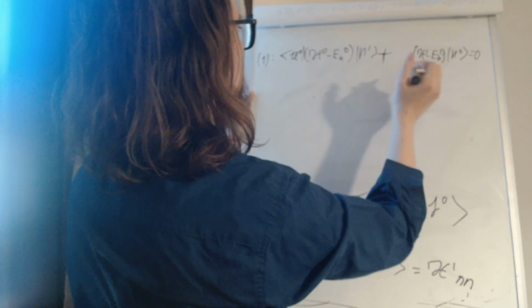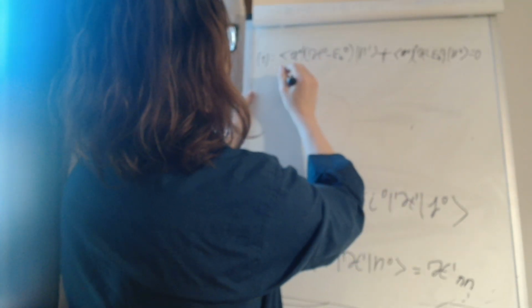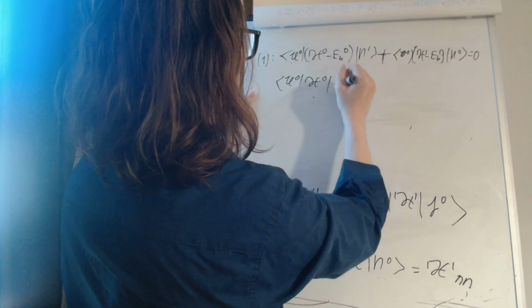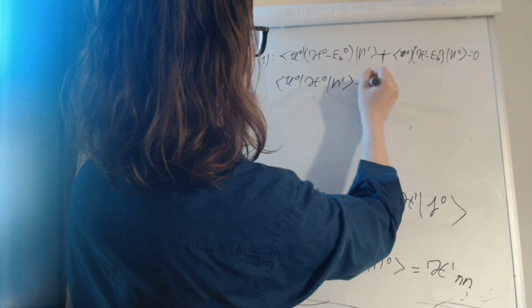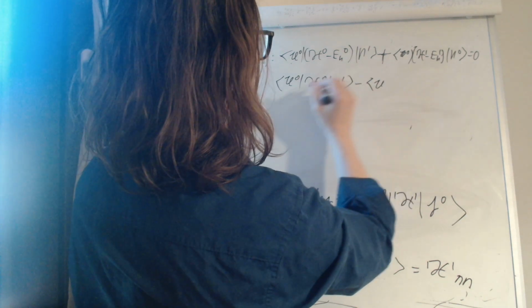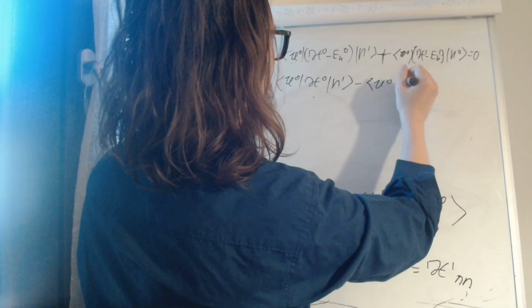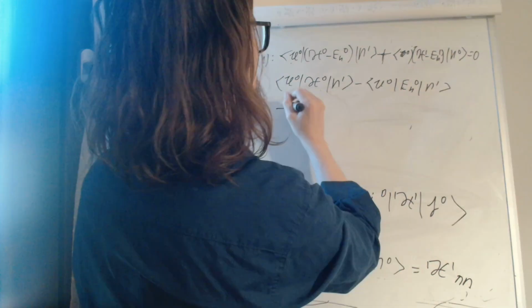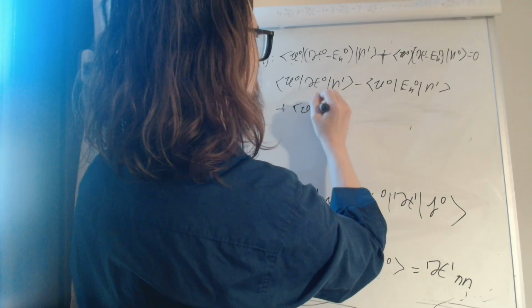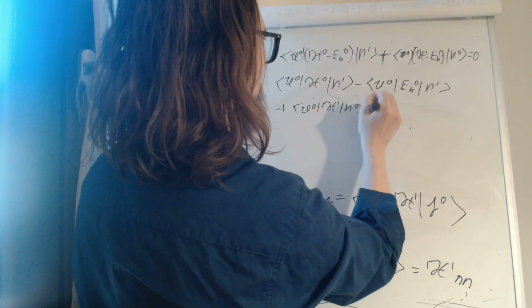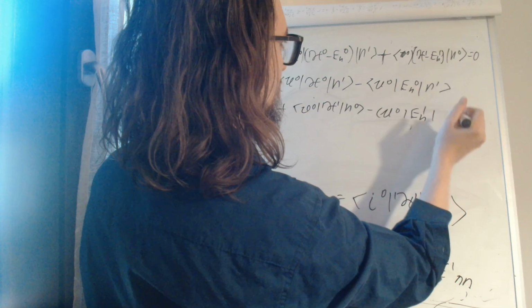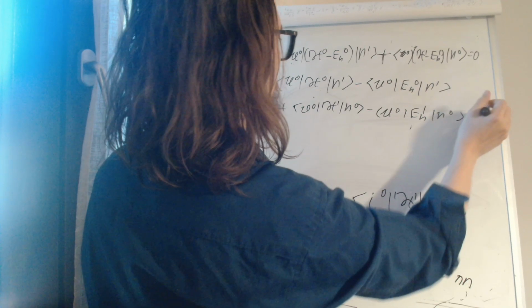We write k0 here, and then we write it like this. We are distributing the k0, k0 with the n0, plus now this term here, k0 h1 n0, minus k0 en1 n0, equals 0.